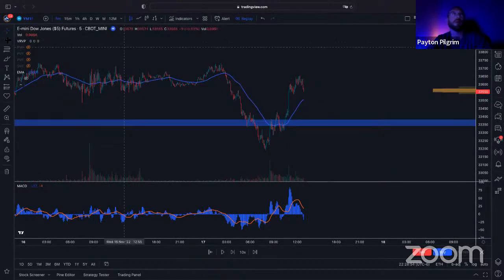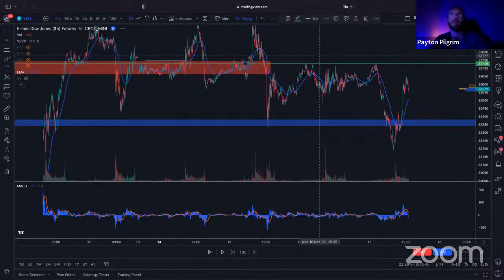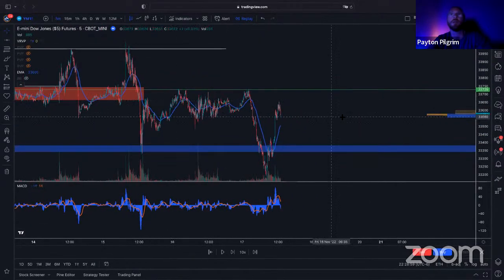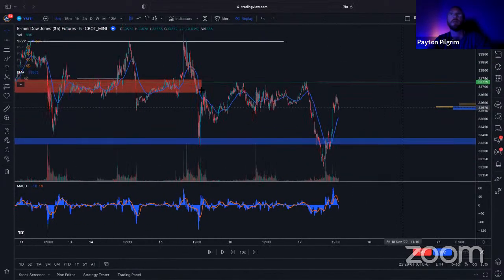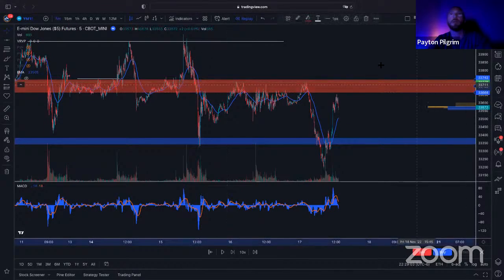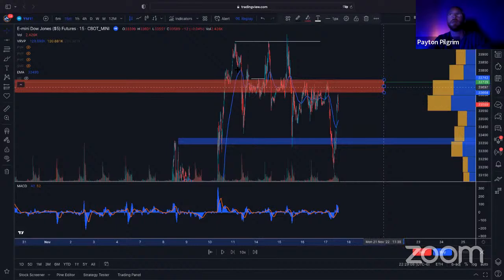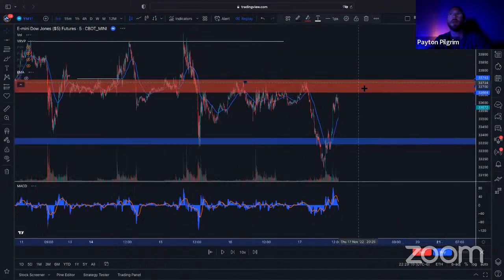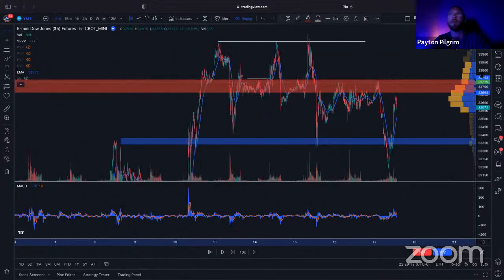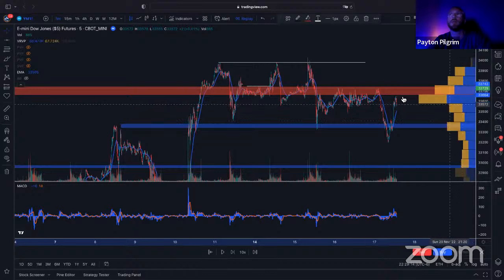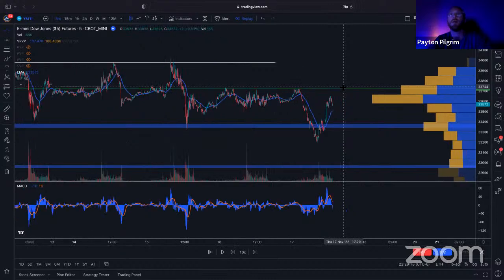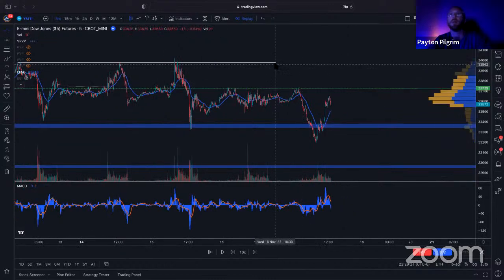Okay, remember, if it breaks above these highs, we're looking for it. Oh, actually, no, we're not really necessarily. This is area still. Let's see. I don't really care for that. Okay. Well, if it breaks this middle, then we're coming up to the top.